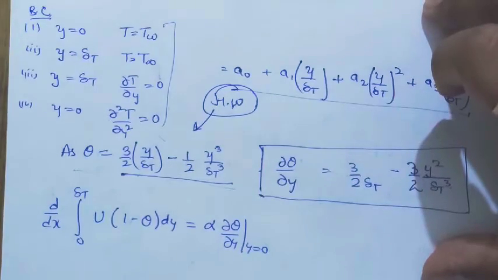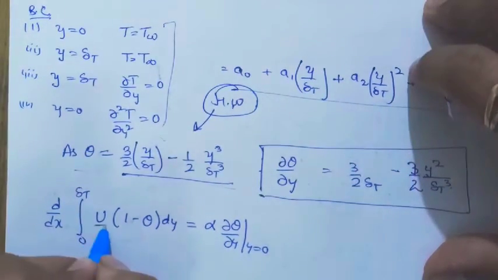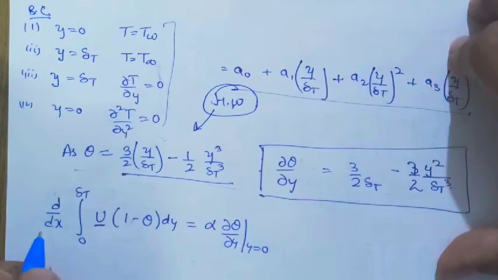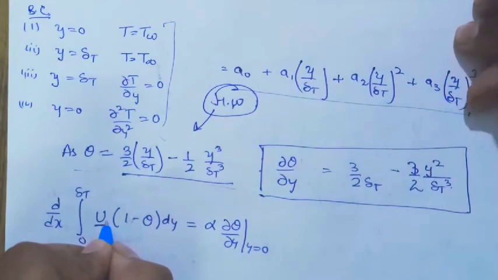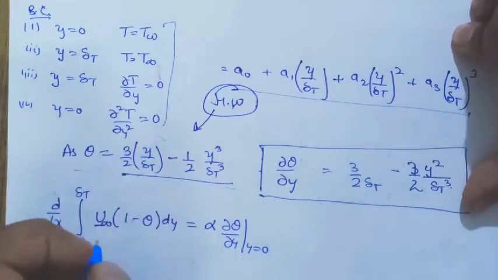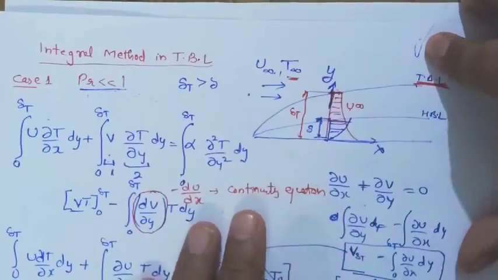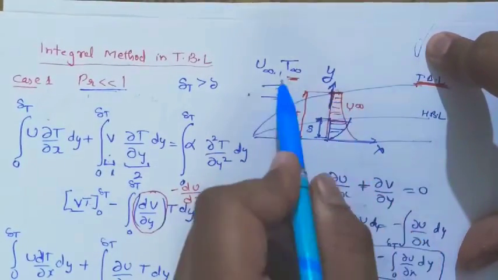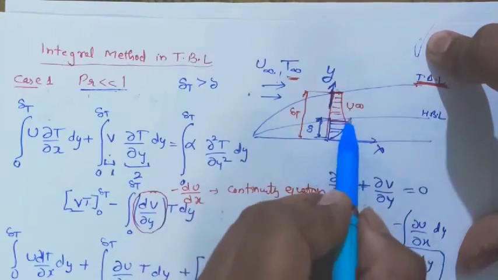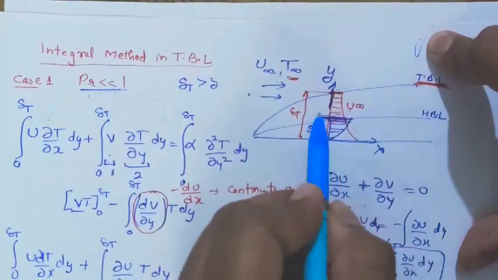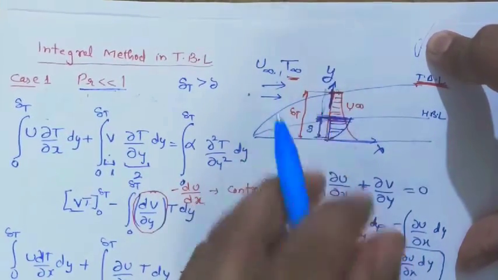Now you know the theta. Now what is the value of this u at this point? It is u infinity. Remember, at this point the value will be u infinity, because u infinity will come from this point. This point onwards, it is u infinity.